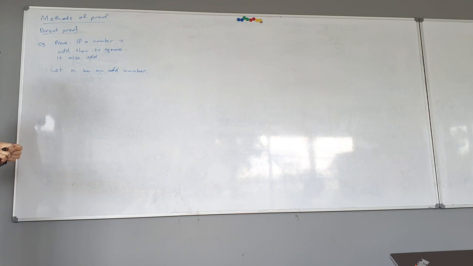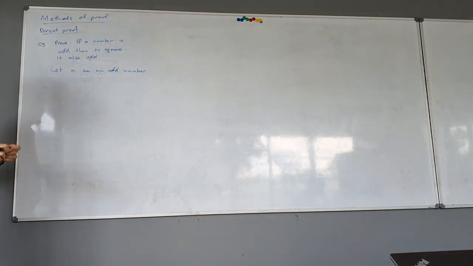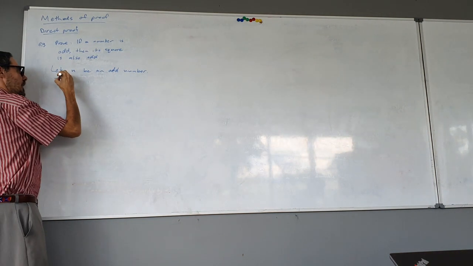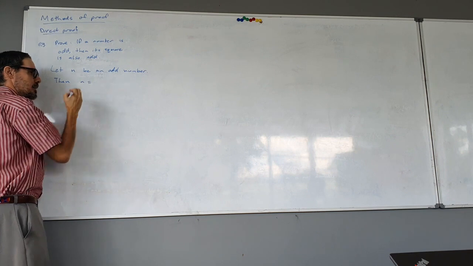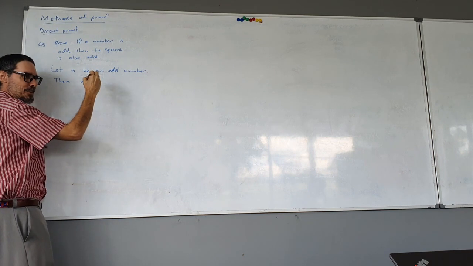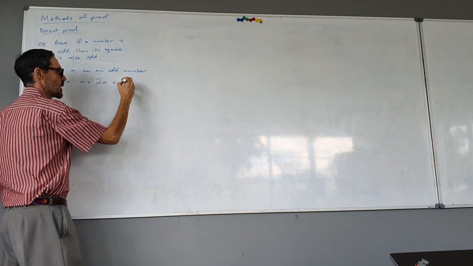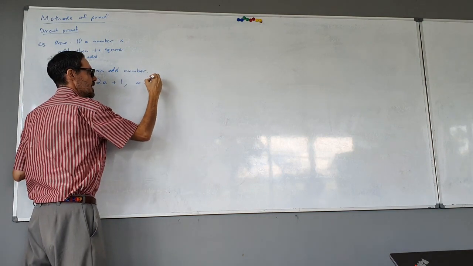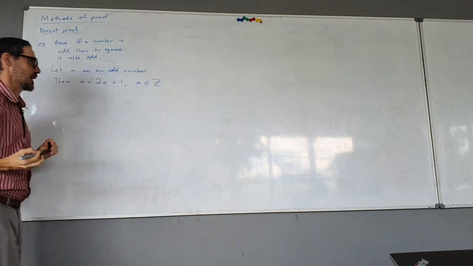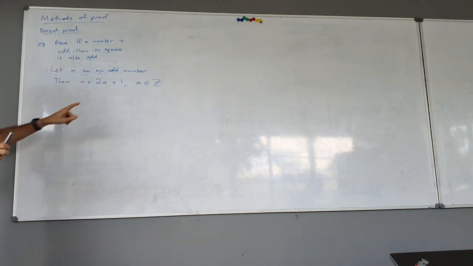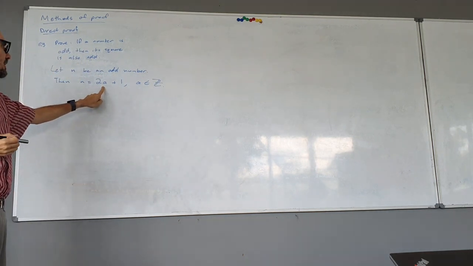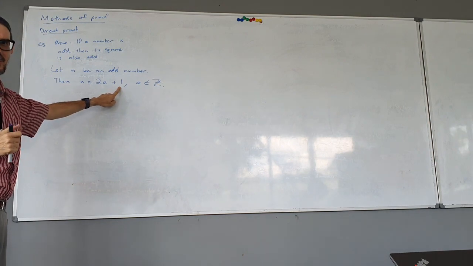How do I write an odd number? Anyone remember? 2a plus 1. Love it. For some integer a. 2a must be even. So 2a plus 1 must be odd.